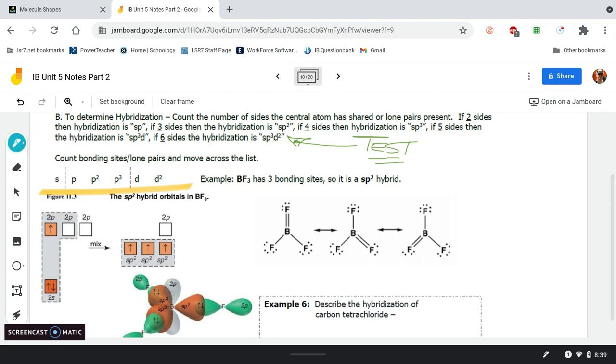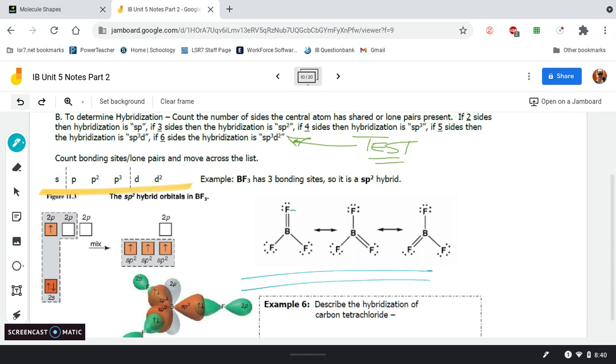at this example, we'll pick one of the borons. So here's your central atom. How many things are attached? So all we do is we count attachments, all right? We look at the attachments, and that's going to determine how far over you go.